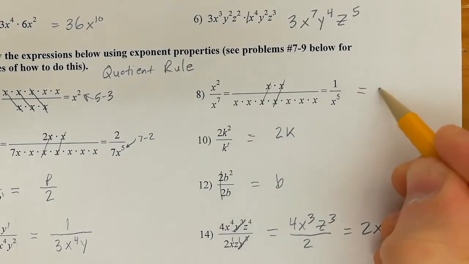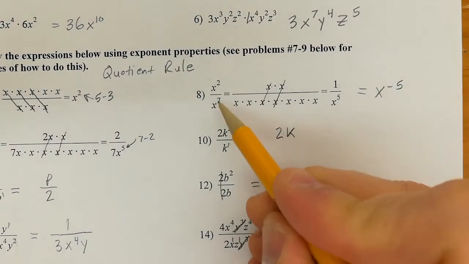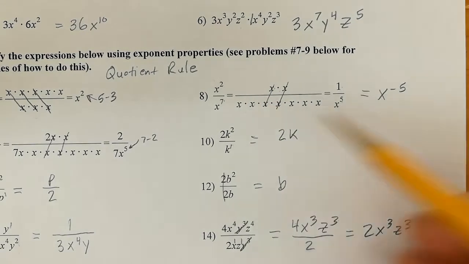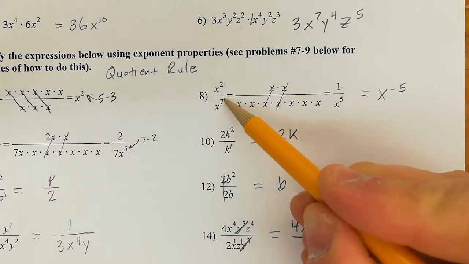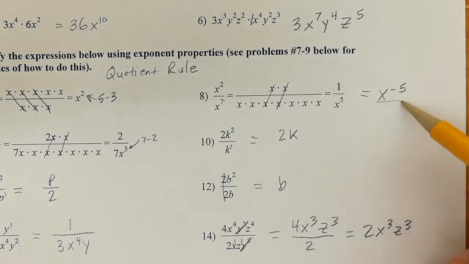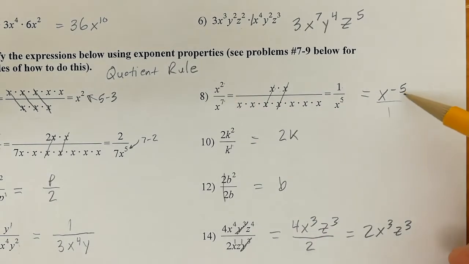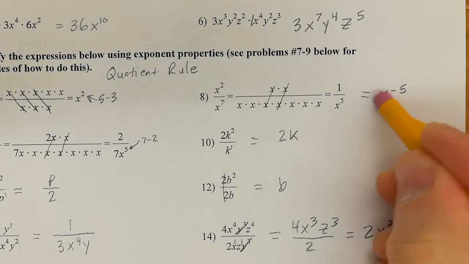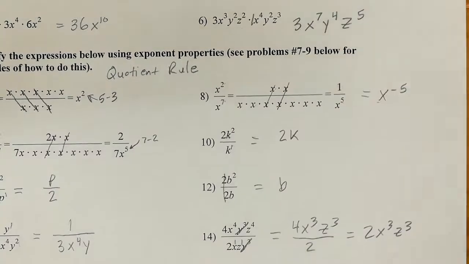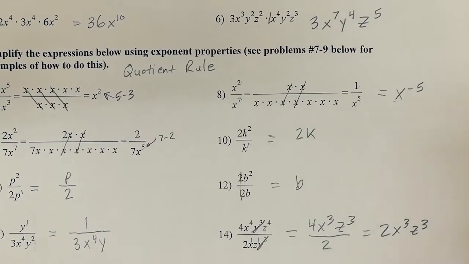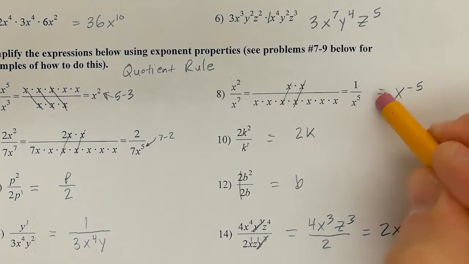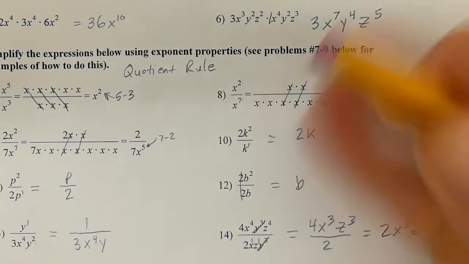This one you could also write as x to the negative 5th. If you did 2 minus 7, if you start with the number in the numerator, well, that's going to end up in the numerator, but you're going to end up with a negative number. So you could also get x to the negative 5. That's possible. All right. Most of the time you want positive exponents, though, so you want to try to stick with those. All right, but that is possible.